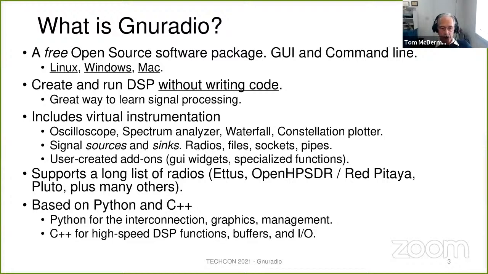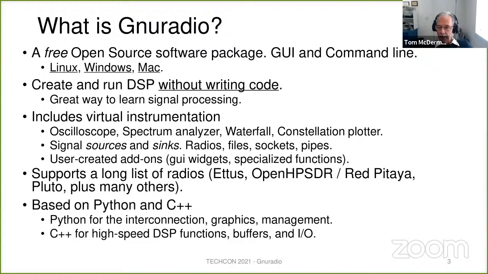GNU Radio supports a long list of radios, and initially, the support was for the Ettus USRP series radios. Those are all supported, and a lot of folks are using those. I have an Ettus radio, and it's very, very powerful. With my Ettus radio, I built a spectrum analyzer for microwave, a spectrum analyzer for HF, and for other things.